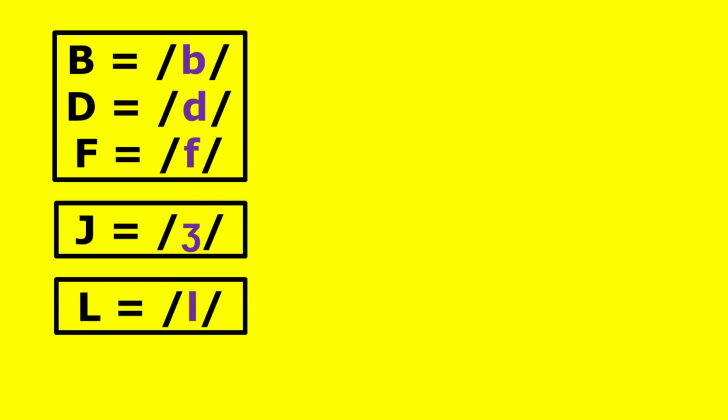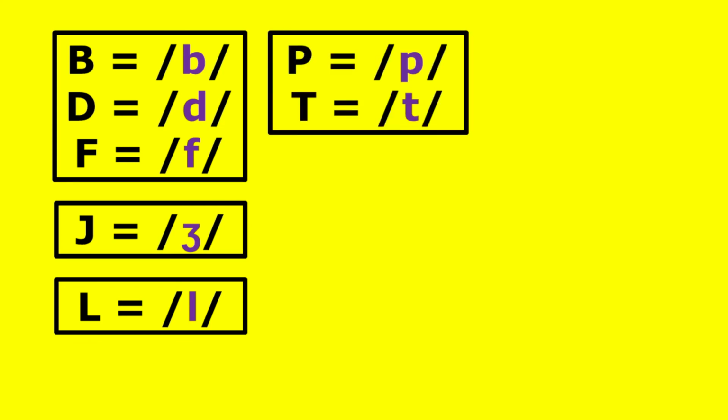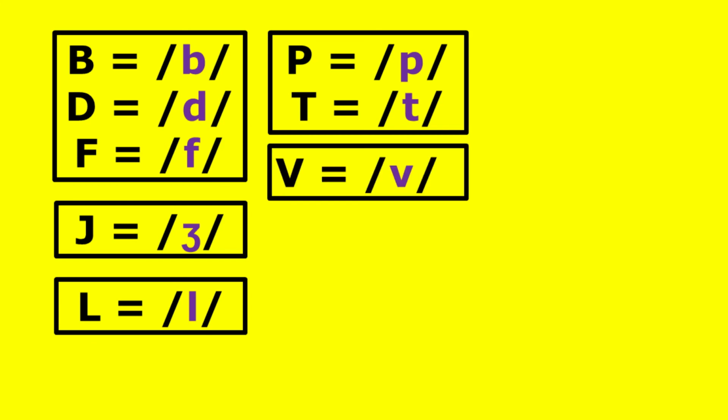Just do the L you want to make, but the correct form is the normal L. P is P in IPA, bilabial plosive. T is T, alveolar plosive. V is V, dentolabial fricative.